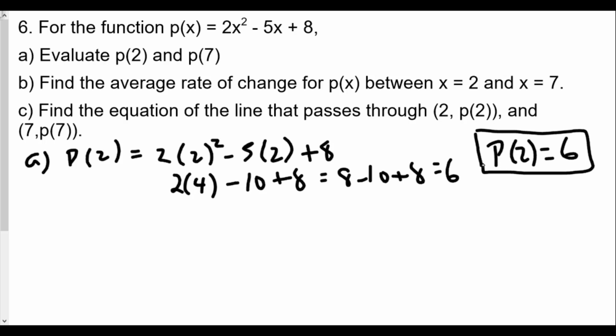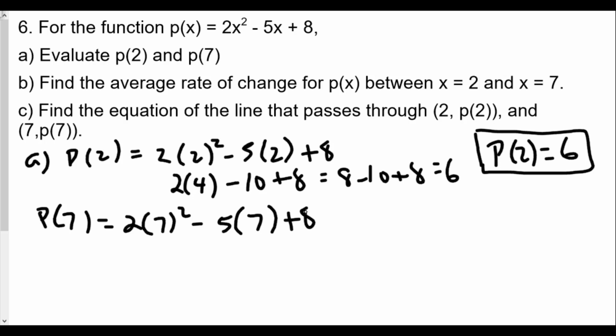We continue with p of 7, and so p of 7, same technique. Every time we see an x, we plug in a 7, so 2 times 7 squared minus 5 times 7 plus 8. And 7 squared is going to be 49. So 2 times 49 minus 35 plus 8.